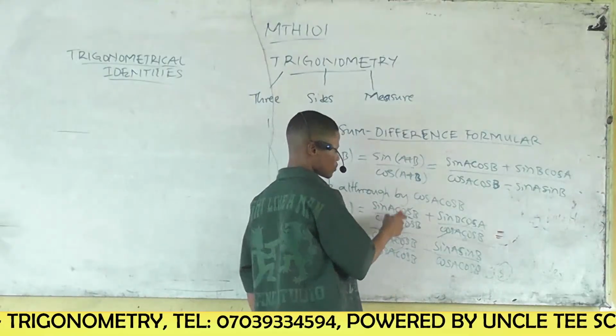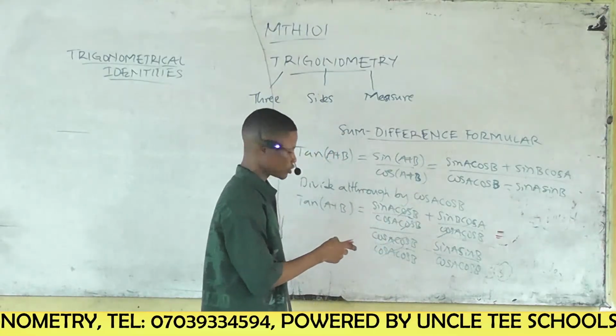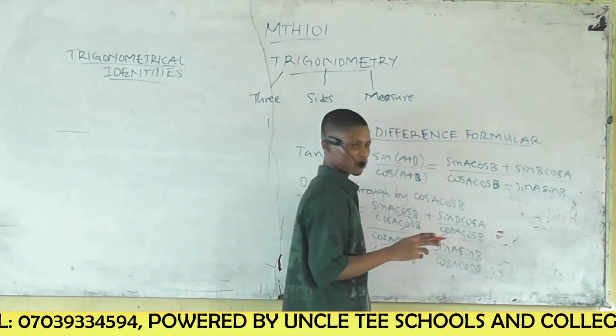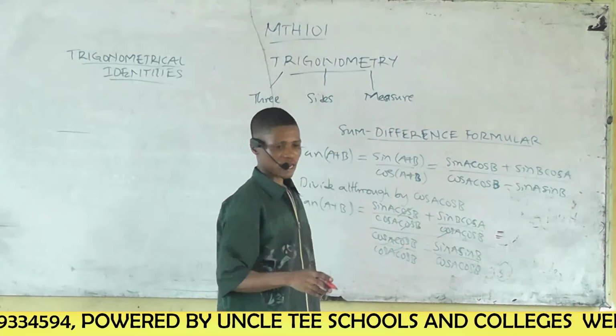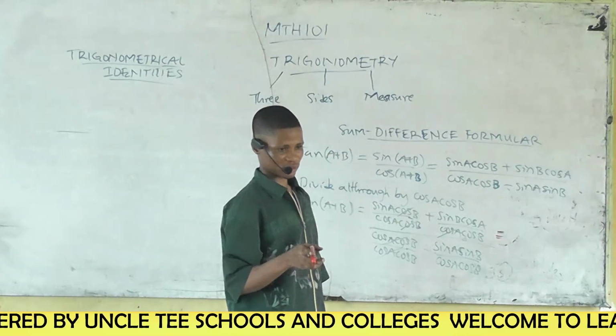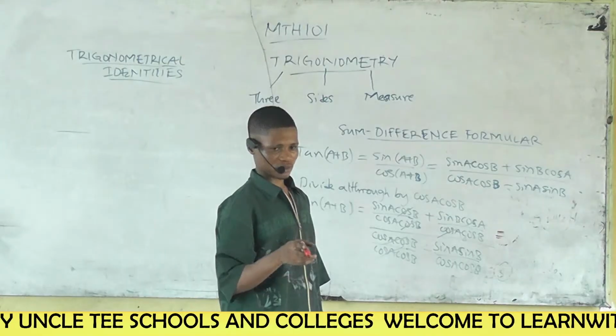Now cos B have cancelled each other. So you are left with what? Sine A over cos A. Sine A over cos A is what?